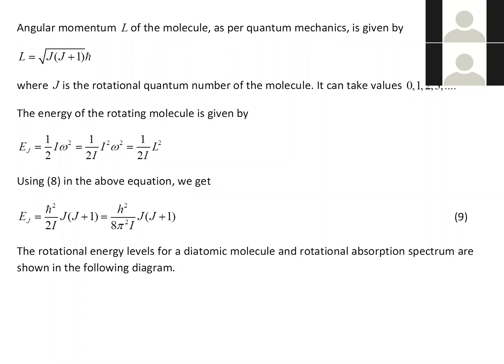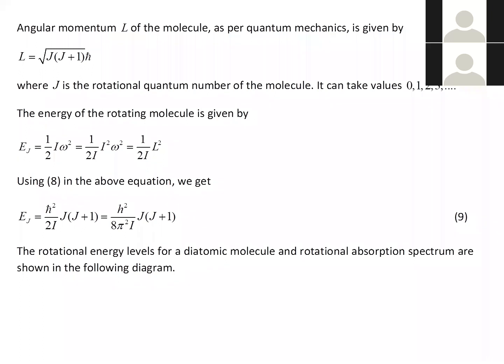Okay. Now, rather than the angular momentum, we are interested in the energy of the rotating molecule. Energy of the rotating molecule is very simple. I am writing energy as E subscript J because energy is a function of the rotational quantum number. You will come to know very soon. The rotational kinetic energy is given by half I omega square.